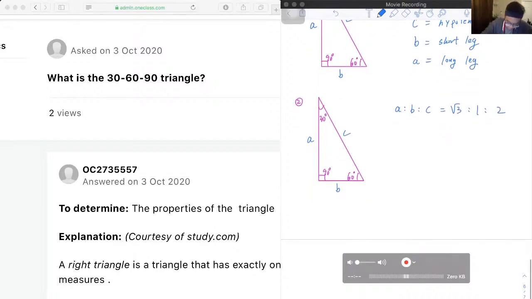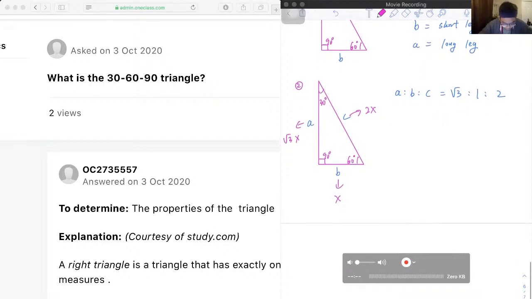Which means in our graph, if I call the length of B x, then C will have a side length of 2x, and the length of A will be √3x. So it will always follow this ratio.